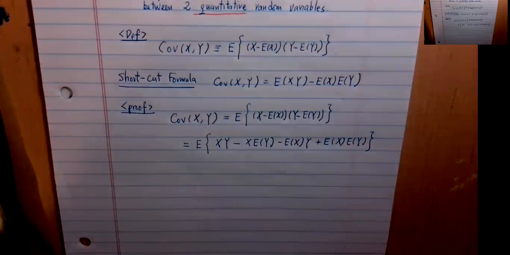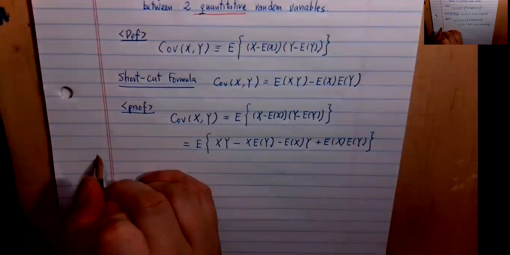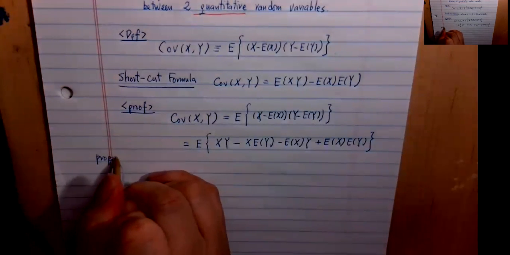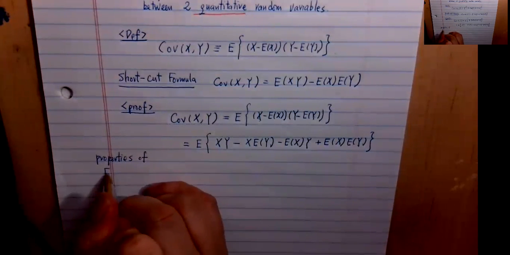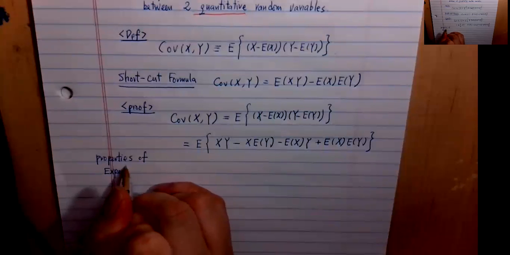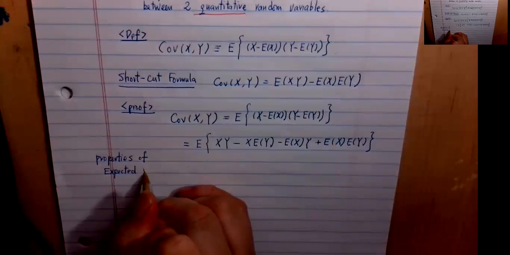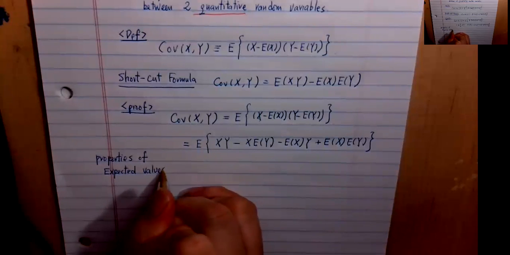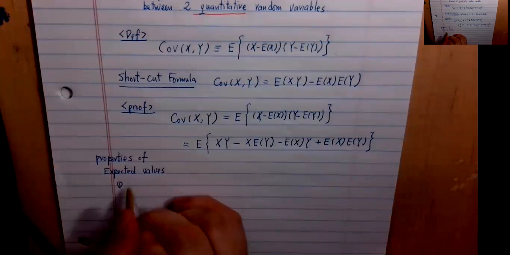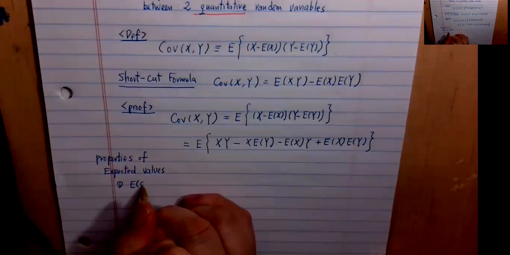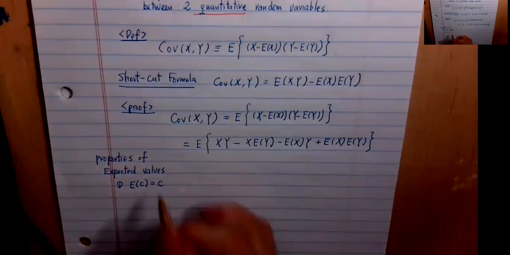Now, recall the property of expected value. Property 1: expected value of a constant is a constant itself.